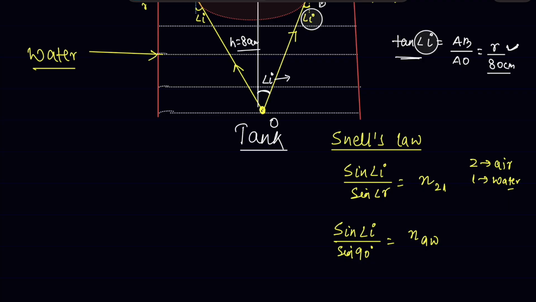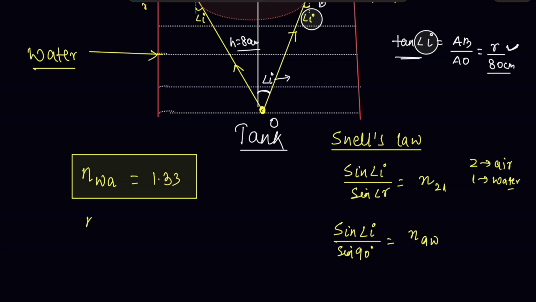But in the question, the refractive index of water with respect to air is given as 1.33. So how can we change this to the refractive index of air with respect to water? It is 1 by n water-air, that is 1 by 1.33. So this relation we can write it here.